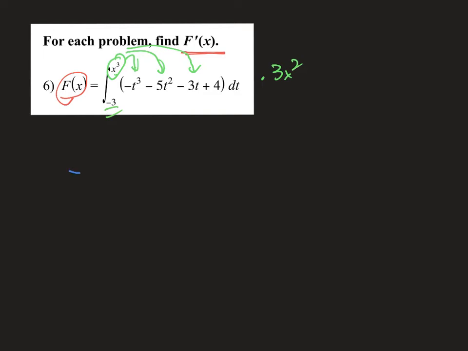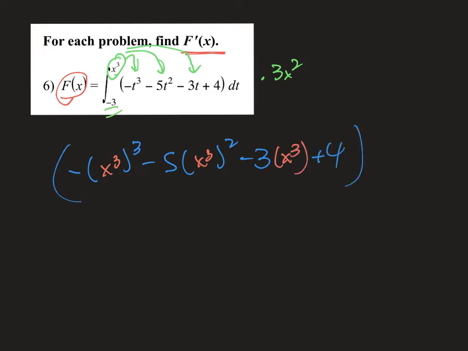It's going to be negative x cubed minus 5 times x cubed squared minus 3 times x cubed plus 4, and all of that is going to be multiplied by 3x squared, the derivative of x cubed. So now it's just a matter of algebra and exponent rules.